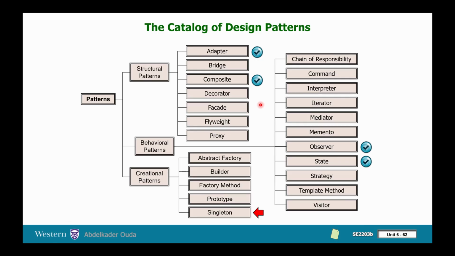All right, so if you have a situation where we can model the application or the requirement as a hierarchical relationship among the objects, then our choice is to use composite.